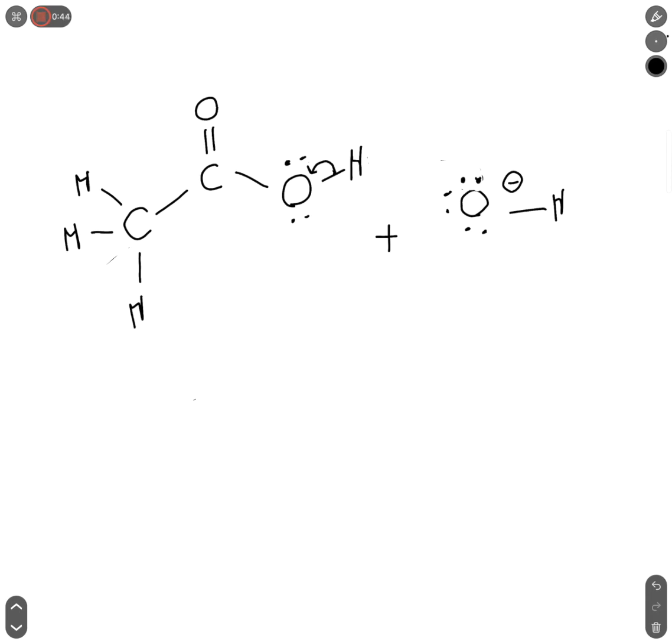While that's going on, the electron pair here takes that hydrogen away from it. And by that, we can identify this to be our base, and this as our acid.